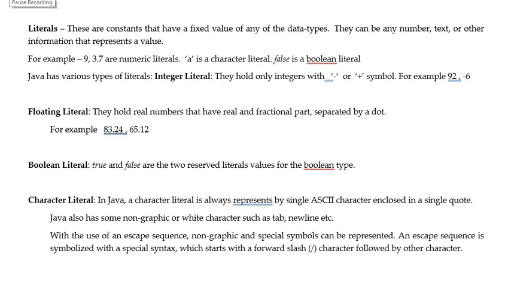The next is literals. Literals are constants that have a fixed value of any of the data types. There can be any number of text or other information that represent a value. For example, 9 and 3.7 are numeric literals. These are those which have a fixed value, so they can be called constants also.